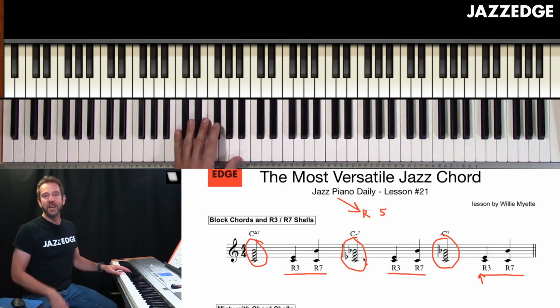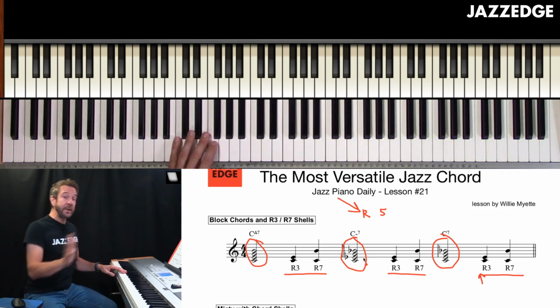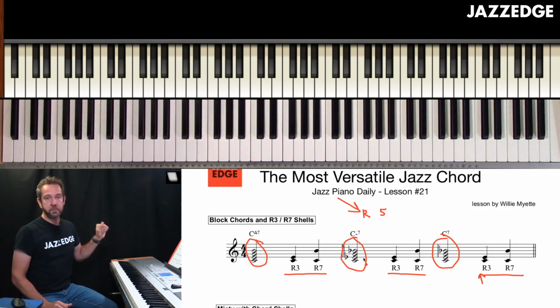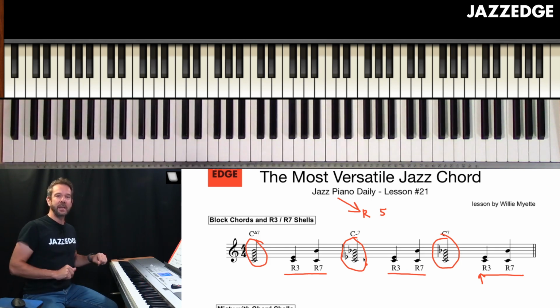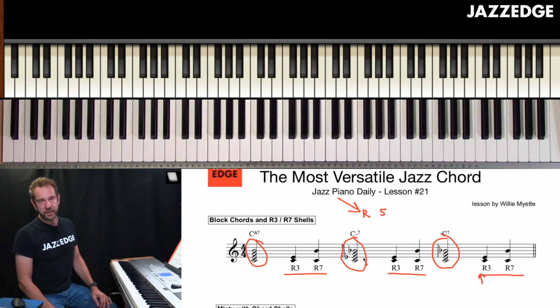I'm playing the root because we're still going to need to hear some root motion. Later on, when you're playing with a bass player, the bass player will play the root and you'll play rootless chords. We've talked about that a little bit and we'll talk about it some more as we go on. For right now, let's just focus on our chord shells.